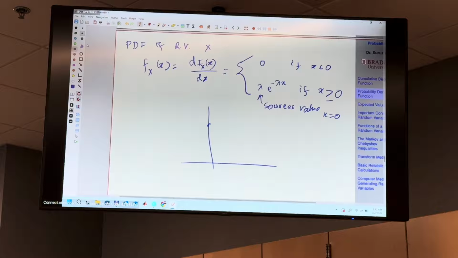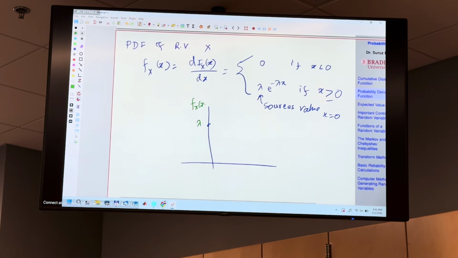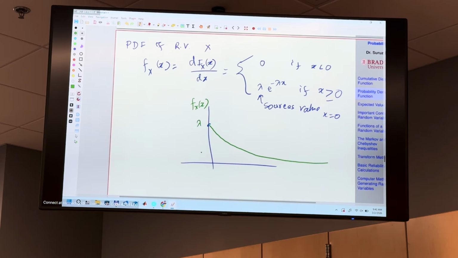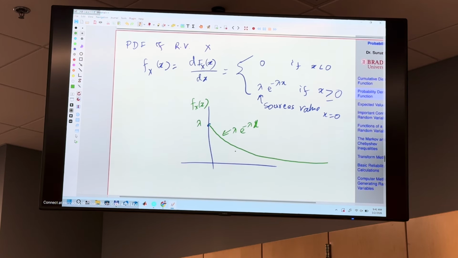So here, this quantity is going to be lambda, and if it is f sub x, you will see this is your lambda. So that's what the exponential distribution is.